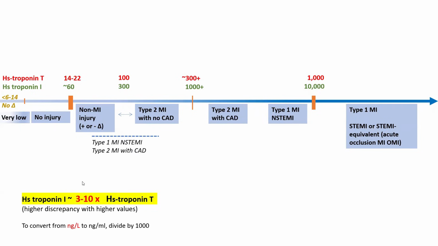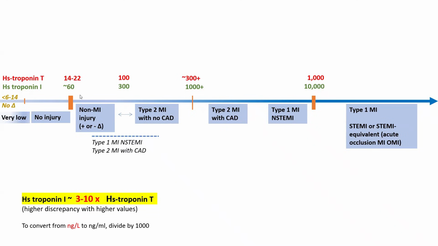And keep in mind, there are two types of high sensitivity troponin. There is the high sensitivity troponin T, which we have at our institution here, and there is the high sensitivity troponin I, which is used at the VA and at many other outside institutions. And always when you look at high sensitivity troponin, try to figure, is this troponin T or I?